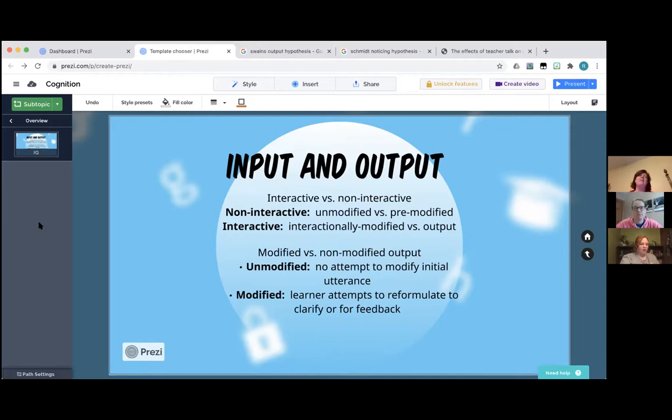And you know what? I noticed this even as a native English speaker when I'm talking to my assistant principal, who is my direct supervisor. She tells me something, and something that I've subconsciously picked up on, even though we are both native English speakers, is that when she says something to me, I tell her, okay, let me tell you that back in my own way so we understand the gist of what you were saying.